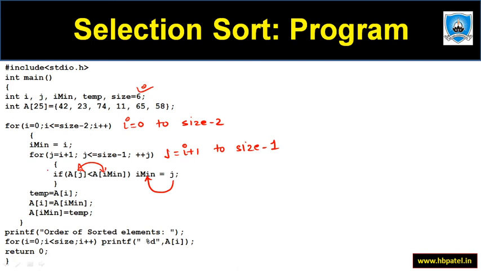And after this loop, we will be swapping A of I with A of I min, and we know that while swapping you need a temporary variable, and just keep on doing this for the next I, then again the same thing, and at the end you can print the value of that particular array. So you will be getting the sorted output.